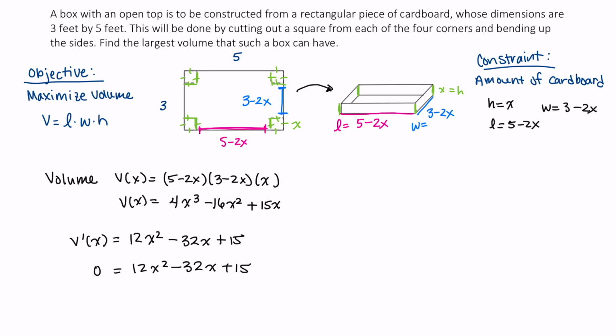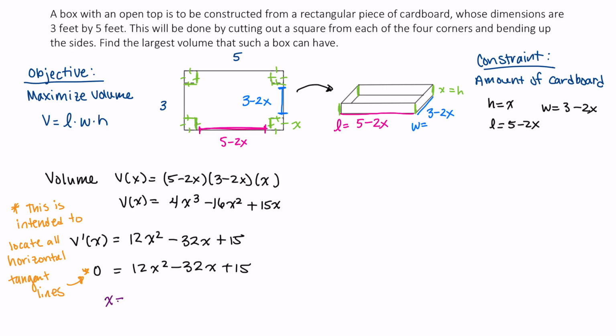I'm going to quickly add in a note here. My note is that by setting this equal to 0, the intent is to find all the horizontal tangent lines, and then we'll determine whether they're a maximum or a minimum. To solve for x, let's go ahead and use the quadratic formula.